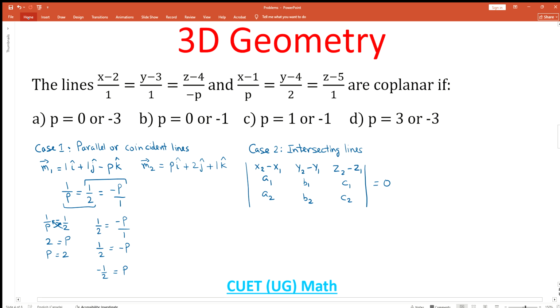We can find the values of x1, x2, y1, y2, z1, z2, a1, b1, c1, a2, b2, c2 from the equations of the two lines.